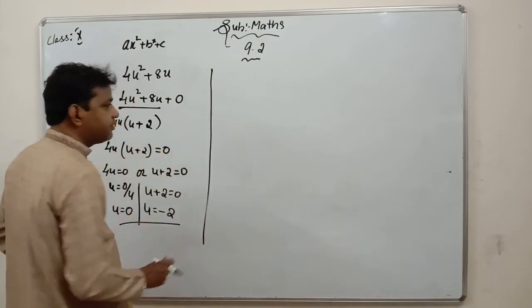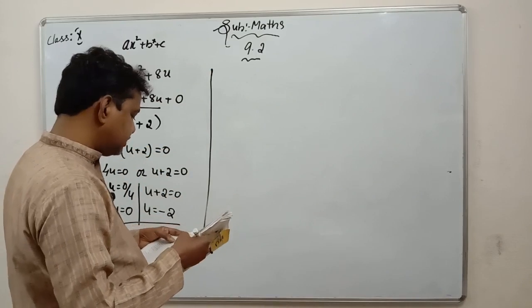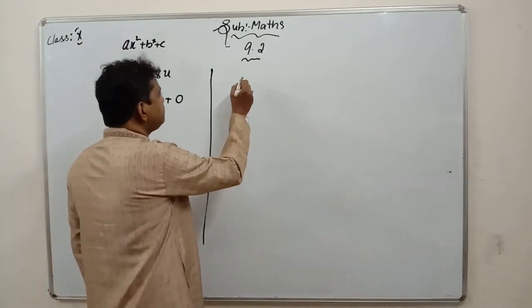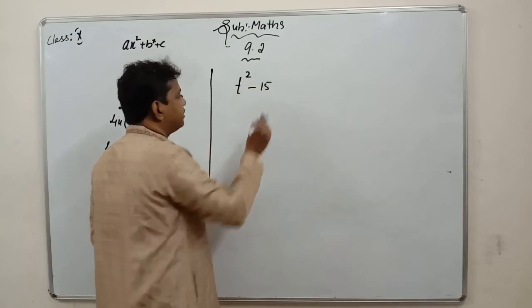He has given another problem, which is the same thing. Already we did this problem: t square minus 15. He has mentioned t square minus 15.